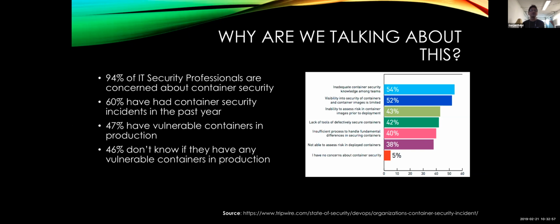I would like to meet the other 6% who are not. 60% of them have had some container security related incident in the past year, and they're expecting that number will go up in 2019. 47% of them have a vulnerable container running in production. So they know about this vulnerable container that's running in production, at least one. And the shocking fact is about 46% don't even know if they have any vulnerable containers in production.